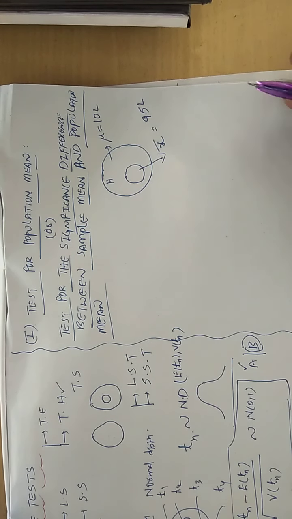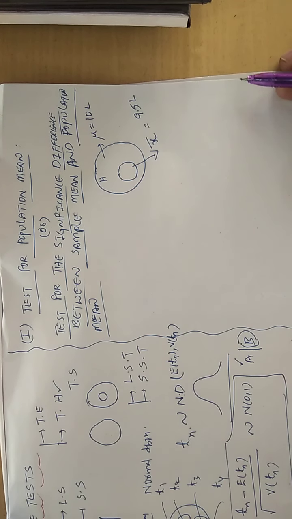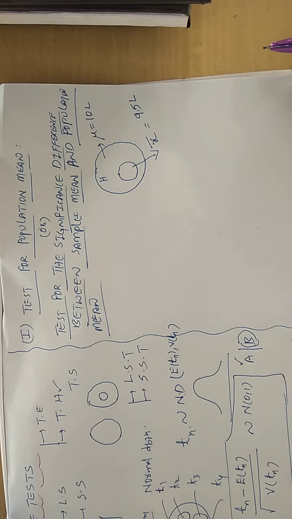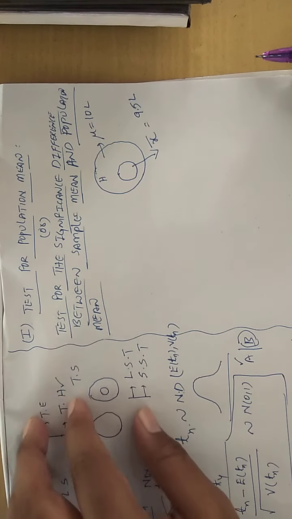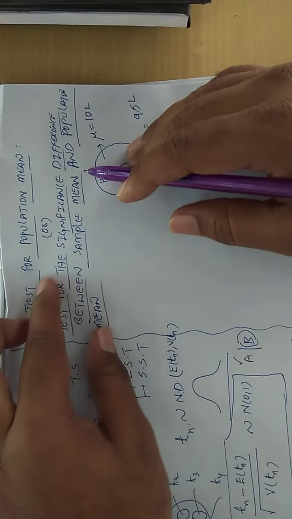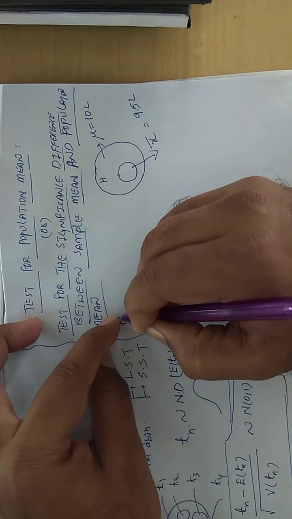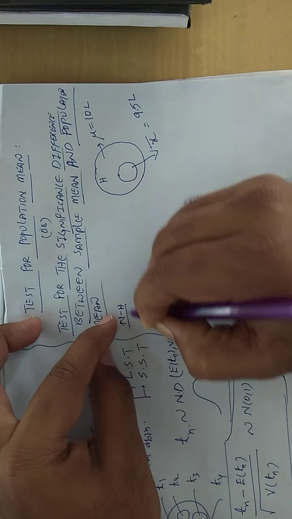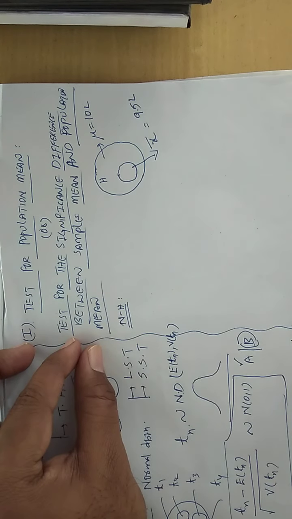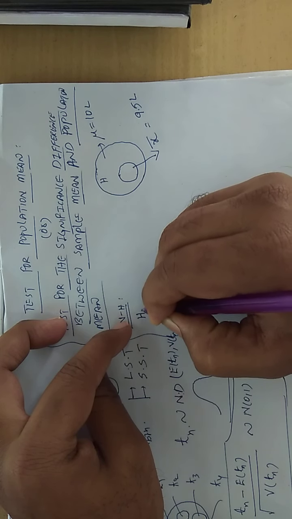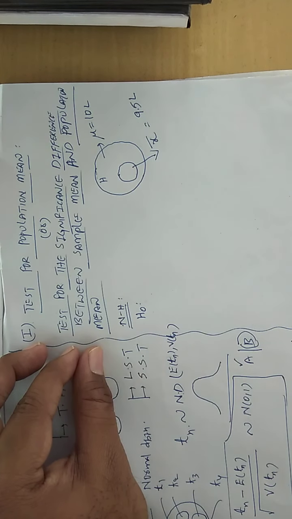Now I am going to develop the testing procedure. What is the method of this test for population mean? Remember that first you need to write down the null hypothesis. NH stands for null hypothesis, H naught colon dash.